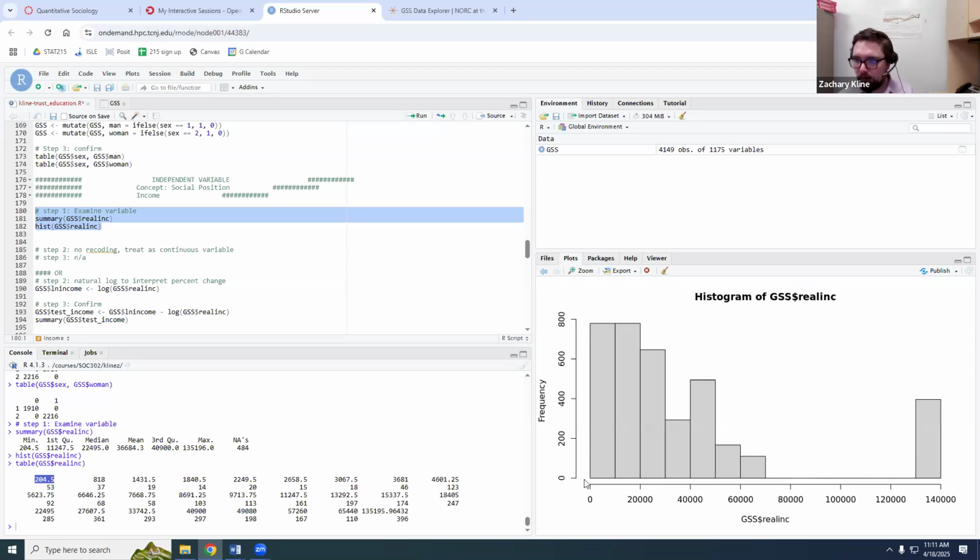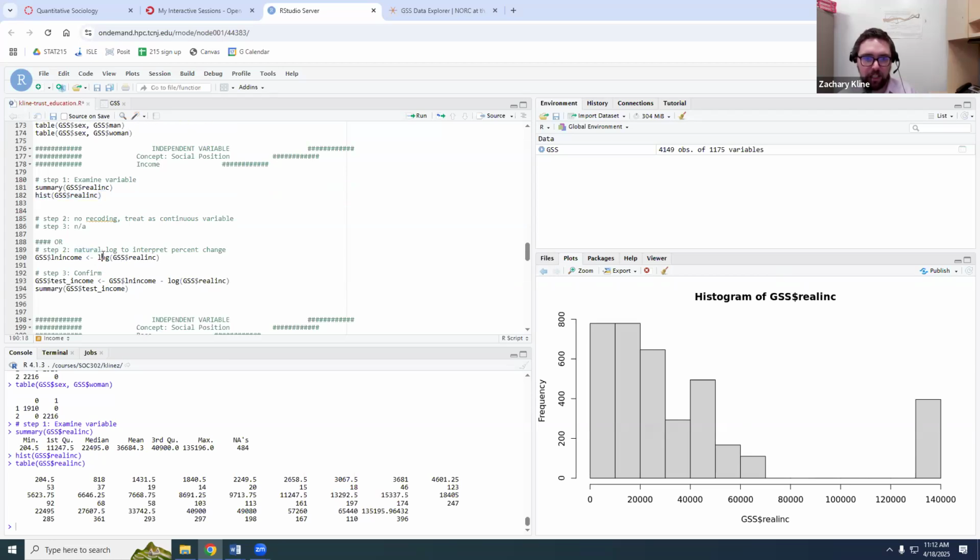So one thing we could do when variables have large right skews is we can try to normalize the distribution by taking the natural log. Now, technically, you don't always have to take the natural log of a continuous variable that has a right skewed distribution because it won't necessarily violate the assumption of regression unless the residuals are abnormally distributed. There's no assumption in regression that says that the X variables have to be normally distributed.